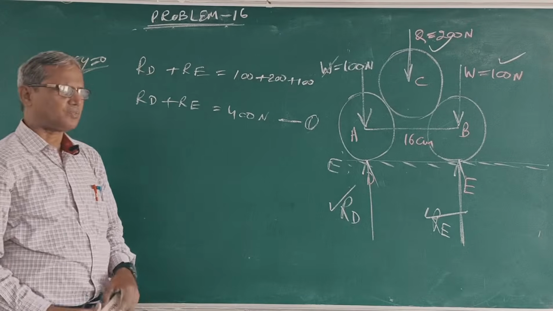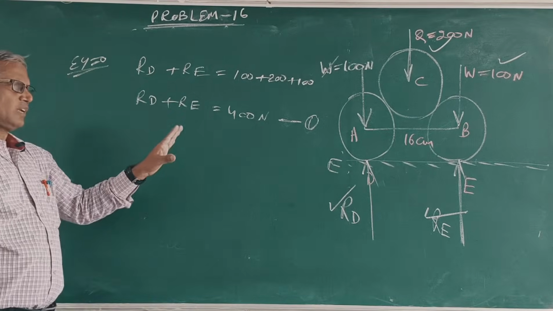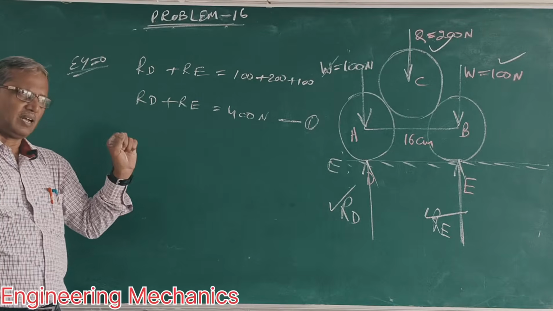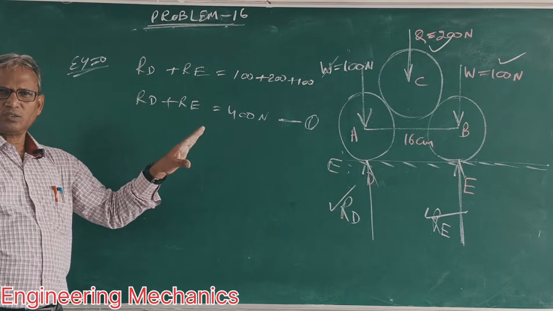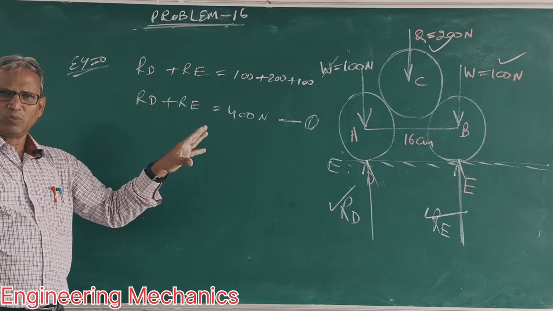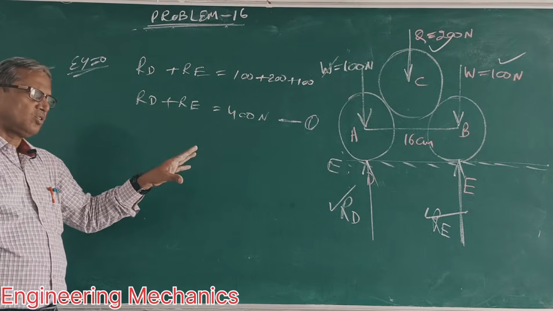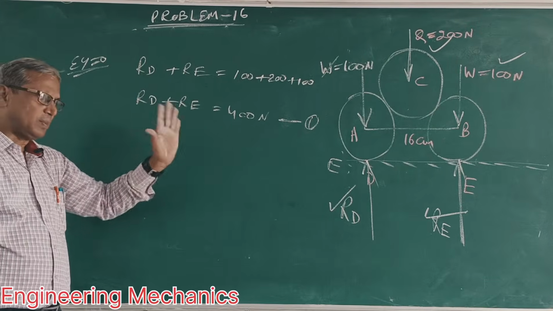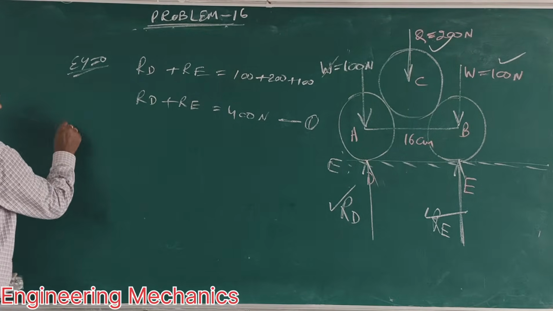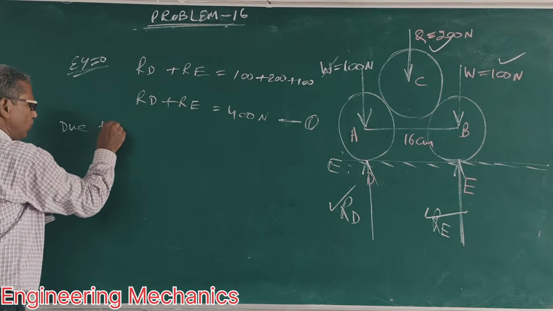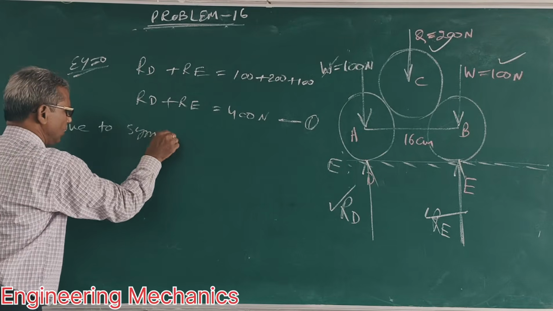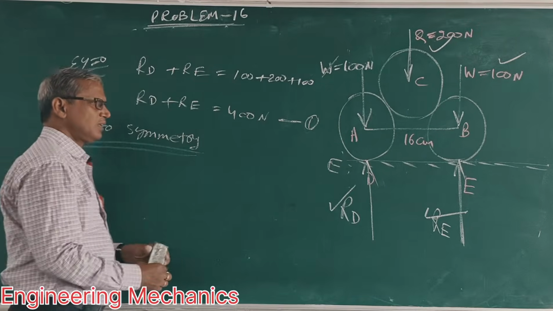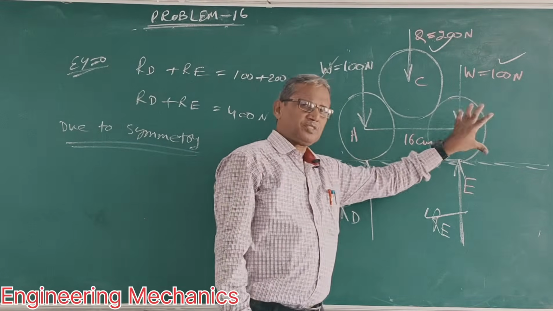Now we could take moment about A or B, but distances are not given, and we are not reading the moment chapter. So we will apply the force equilibrium method. Due to symmetry, this is 100 Newton, this is 100 Newton.